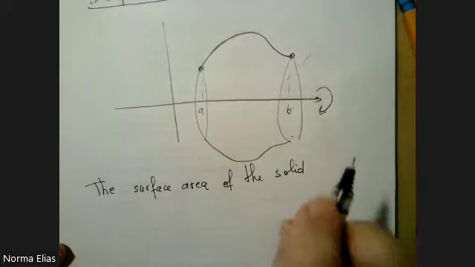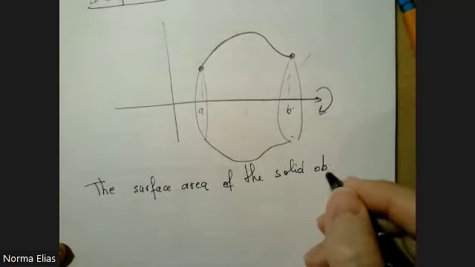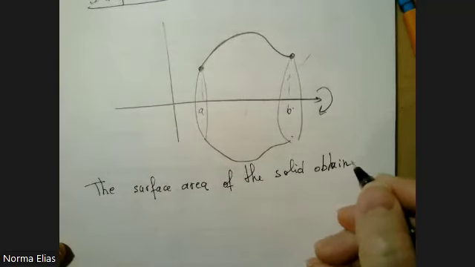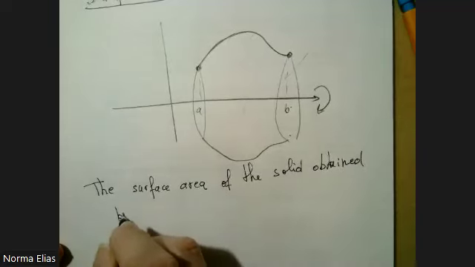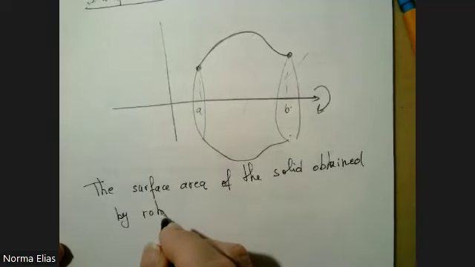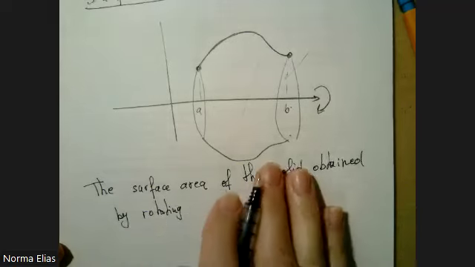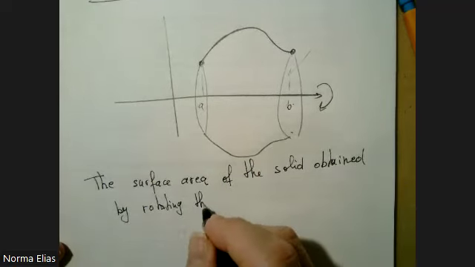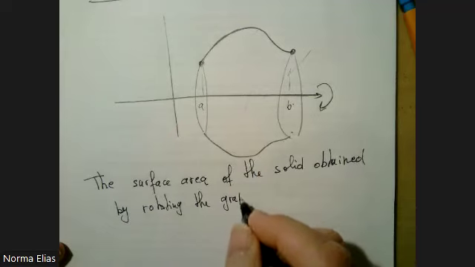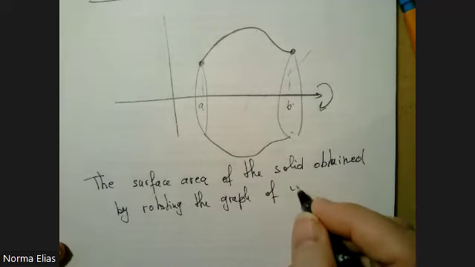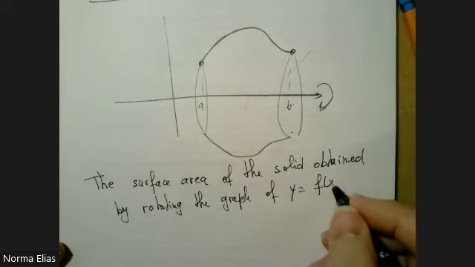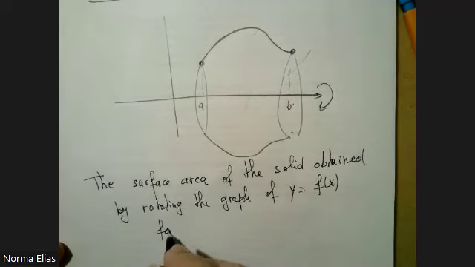The surface area of the solid obtained by rotating the graph of a function. We're rotating only the graph. We're not rotating the region. The graph of y equals f of x, where x is between a and b, is given by this.